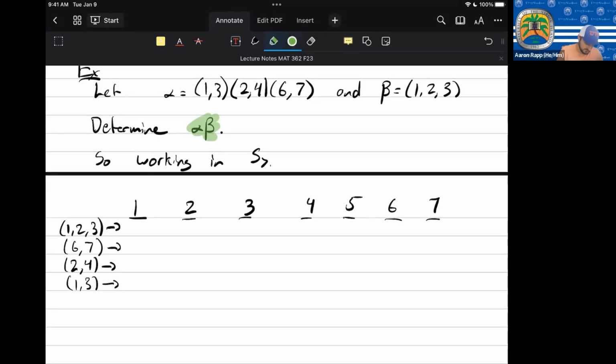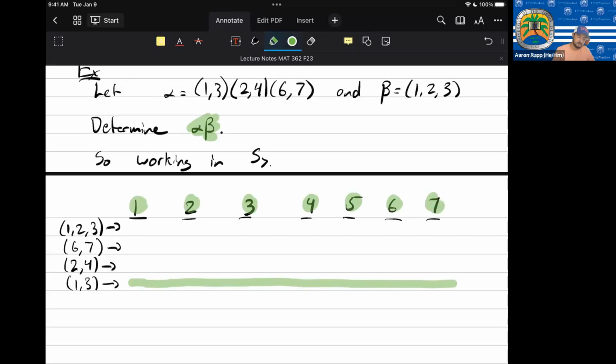And just kind of how we set this up, once my inputs and outputs have been passed through all of these cycles, that last row is the final output we get for each corresponding input that we give in. And that's what's going to inform how we can write our new cycle alpha beta.